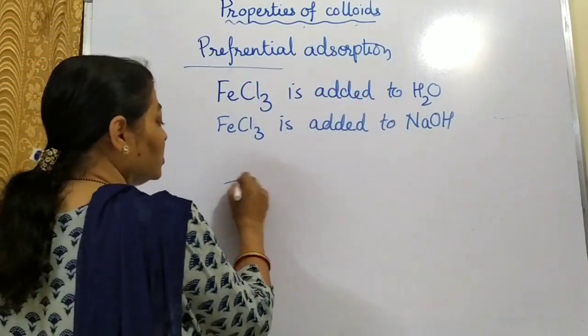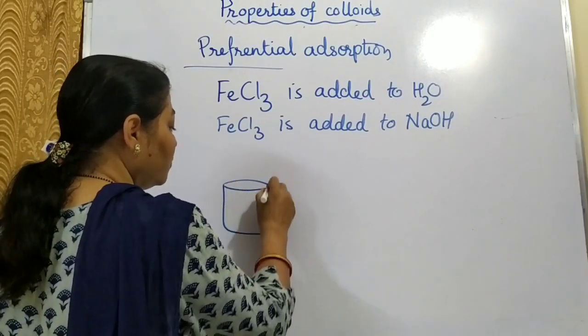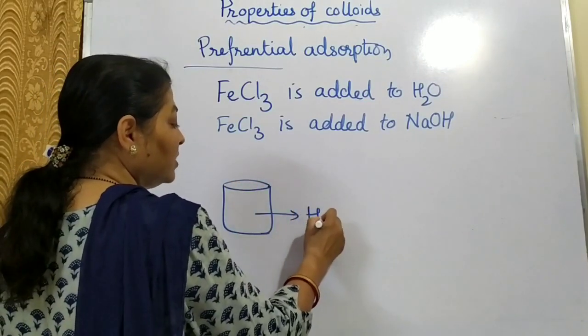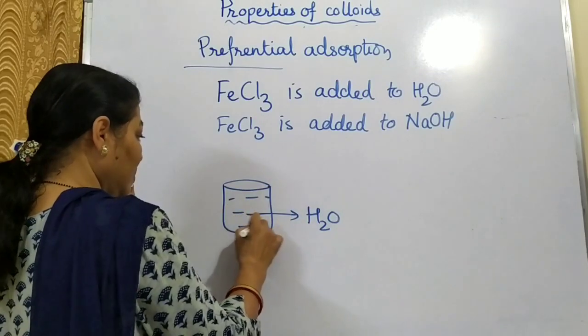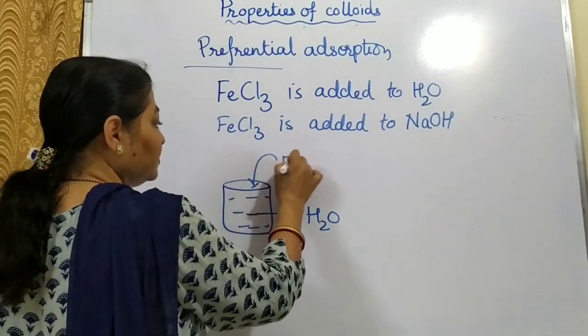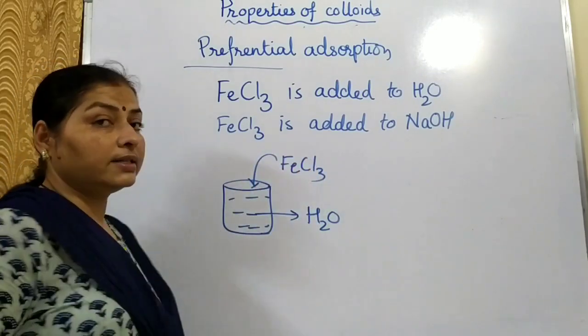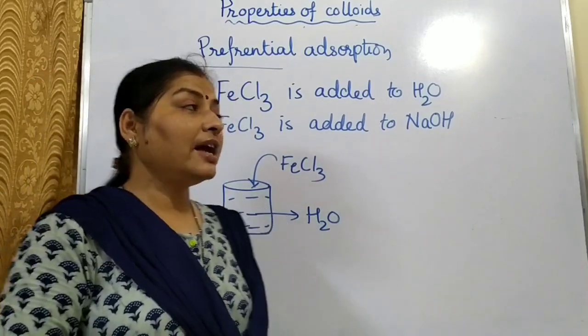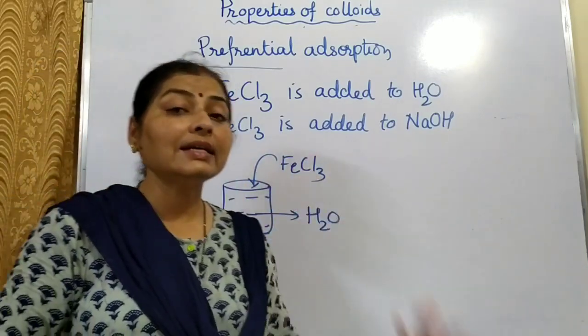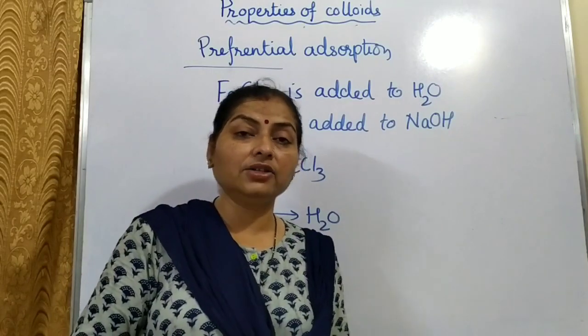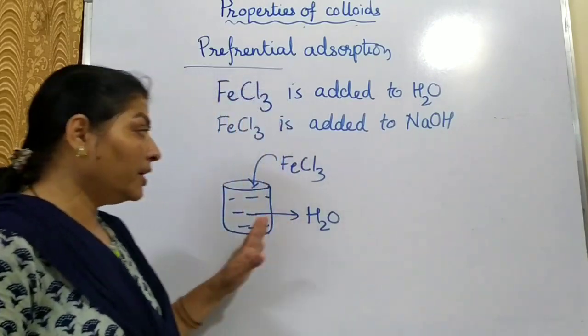Now the aqueous solution of ferric chloride, when it is added to water, here we have H2O, and we are adding FeCl3. What is the basic concept? Whichever ion is in excess in quantity, that will get adsorbed on the surface of the colloidal particles.